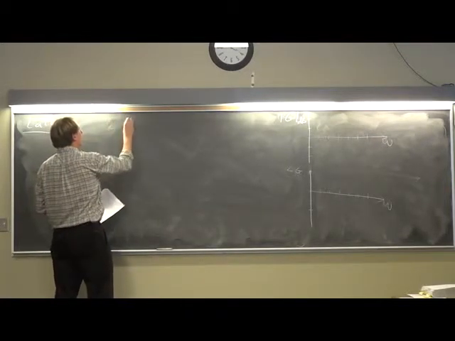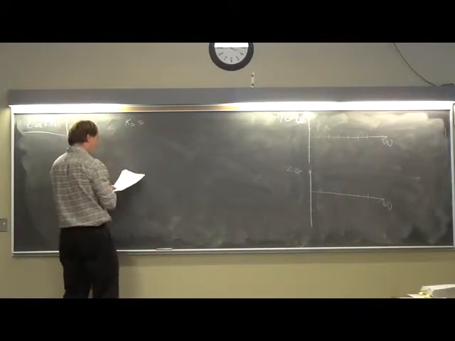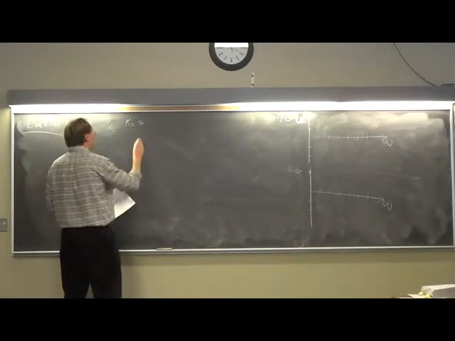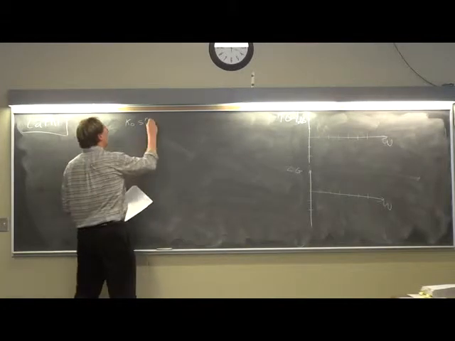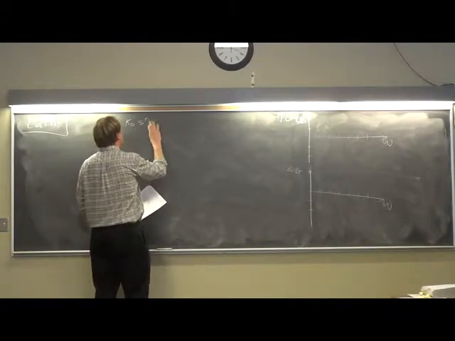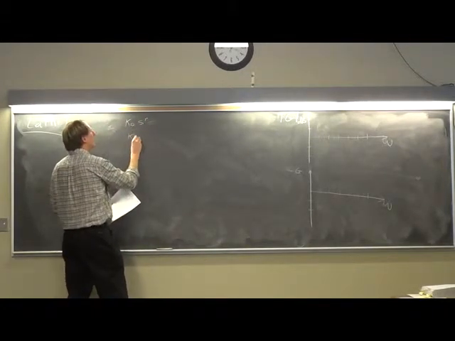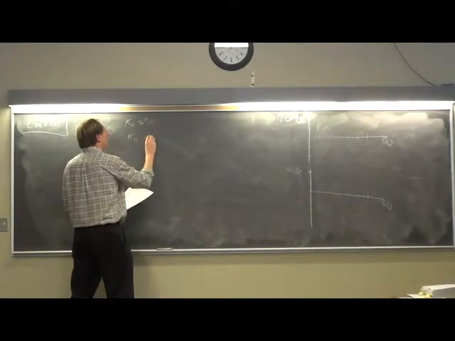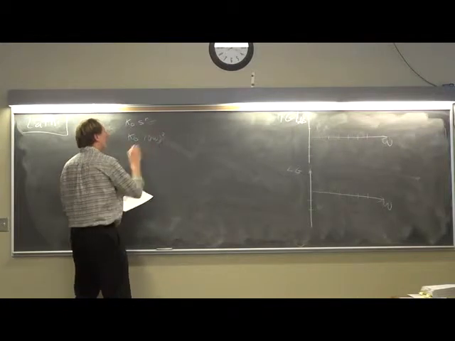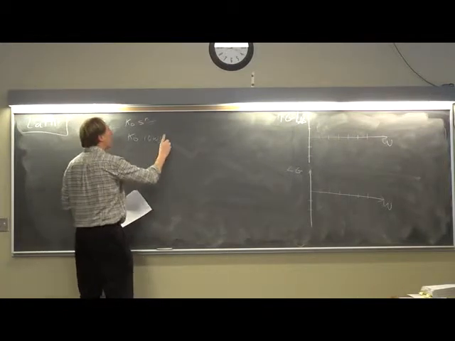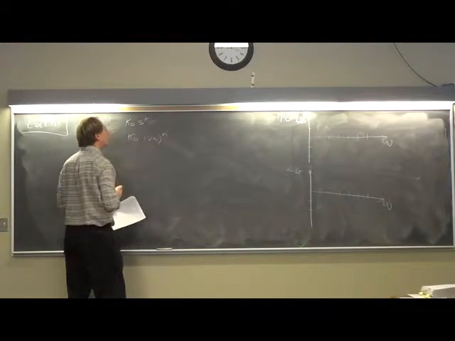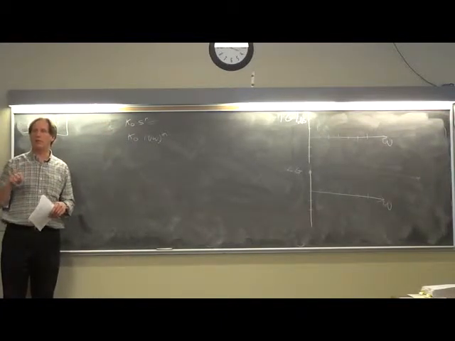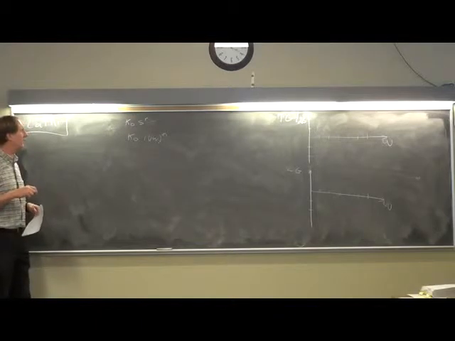So, if we're talking about K0 s raised to the nth power, we're talking about K0 times j omega raised to the nth power, because for the transfer function we're going to set sigma equal to 0.